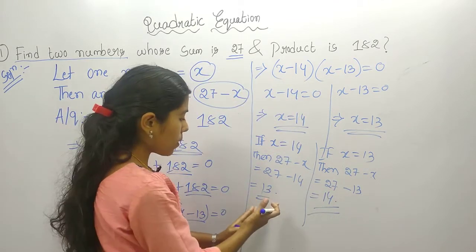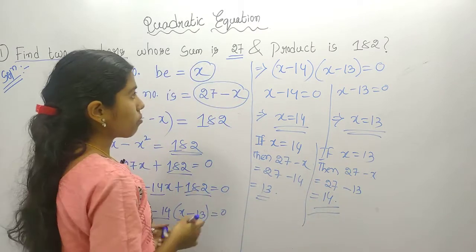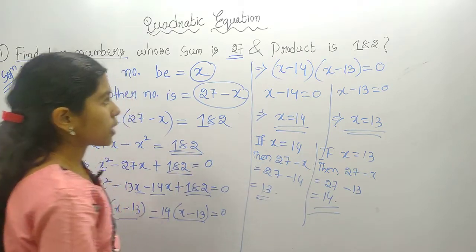Therefore, the two numbers we got are 13 and 14. This type of question we have to solve like this.